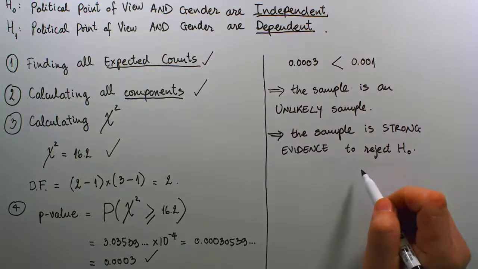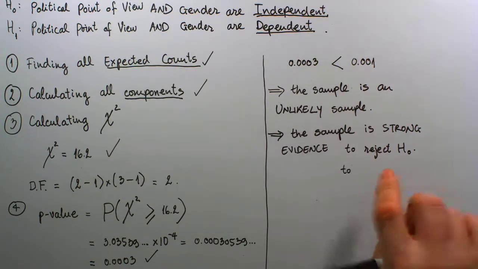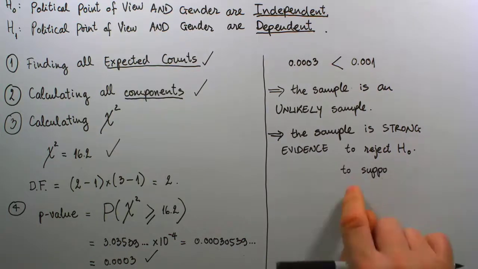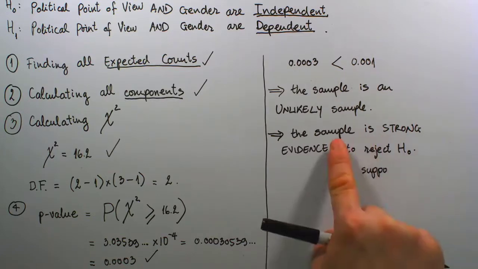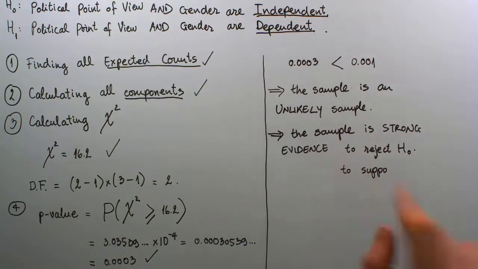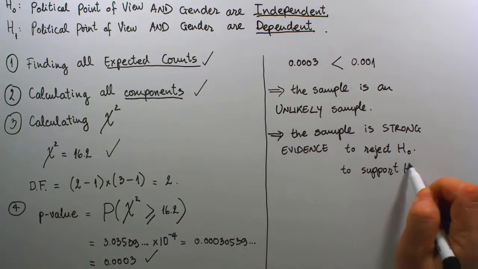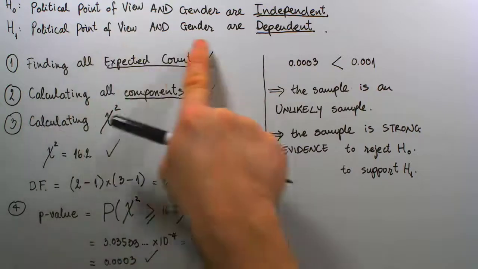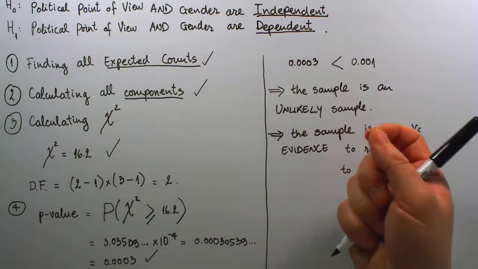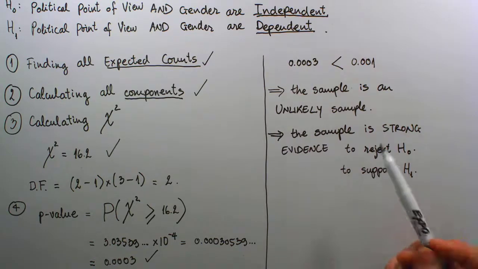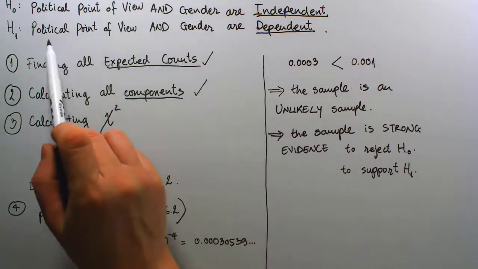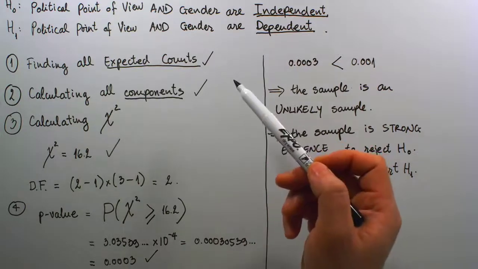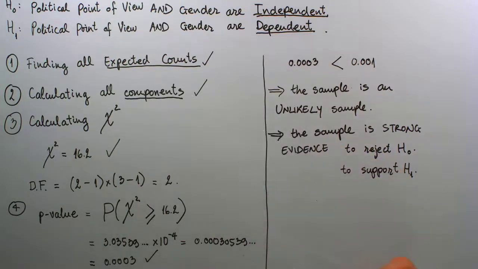Another way of saying that: once we reject H0, that means we support H1. It means the same thing, or you can just say only one of the two. The sample is showing strong evidence to support H1, because we can support H1 by arguing that political point of view and gender are dependent, meaning there is some kind of relationship going on between the two variables, even though we will never point out specifically what the relationship is, because there are so many ways the two variables can be related.